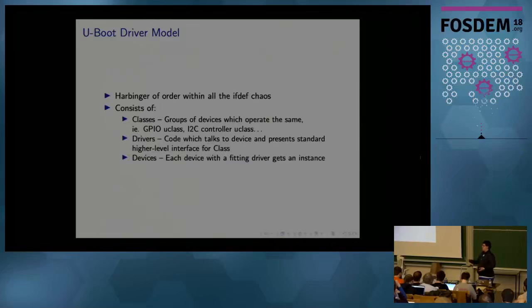Think of it like a serial uclass providing you, as a consumer, stuff like putc, getc, tstc, that sort of thing. It is also tracking all the driver instances matching that specific uclass, which can provide these services. That means all the serial port drivers for the uclass serial.